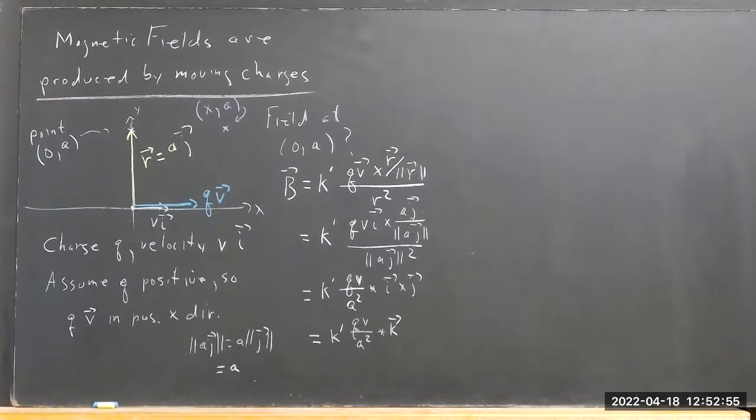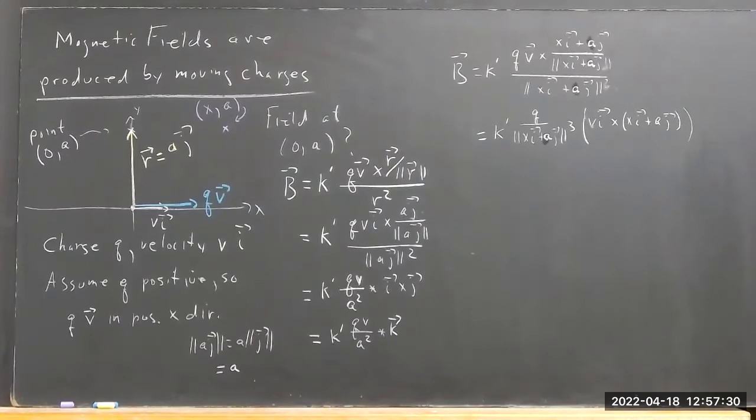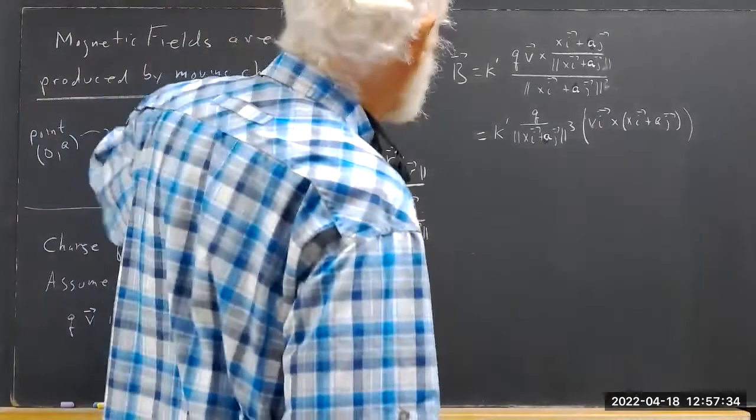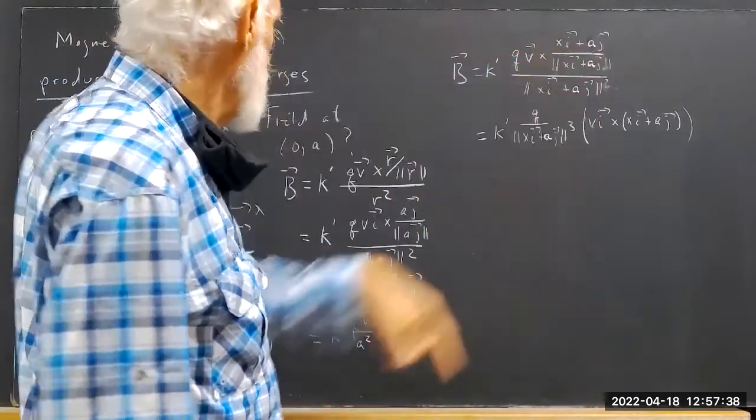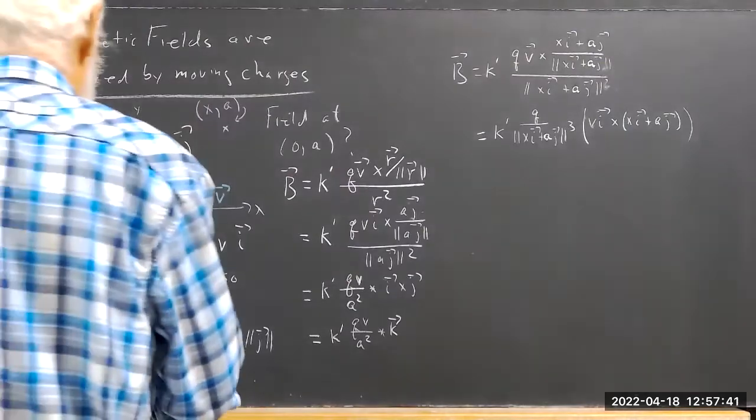Okay. Now the R vector, well, work it out. What's the R vector and what's this expression? Okay, so I've written out the expression, I think, accurately. You're going to have QV. Your R vector is XI plus YJ.